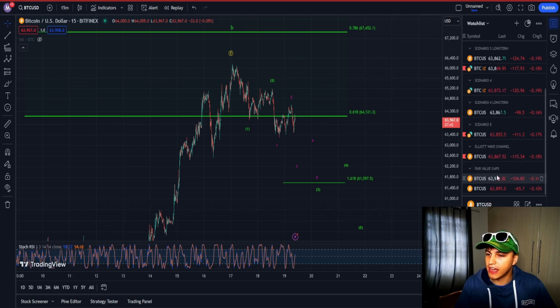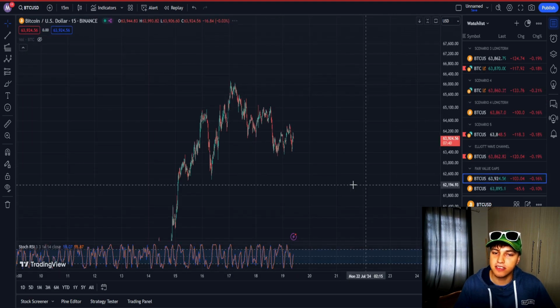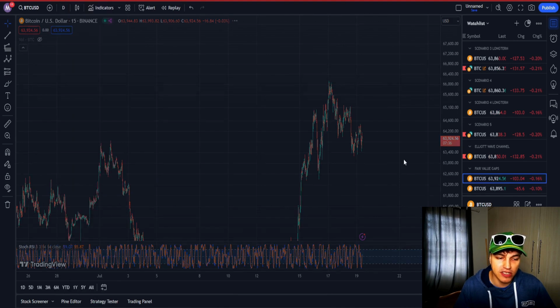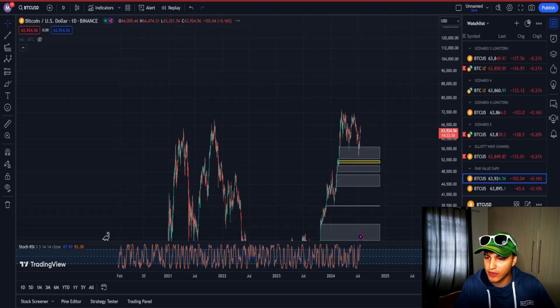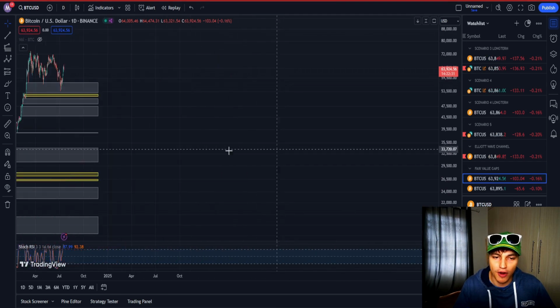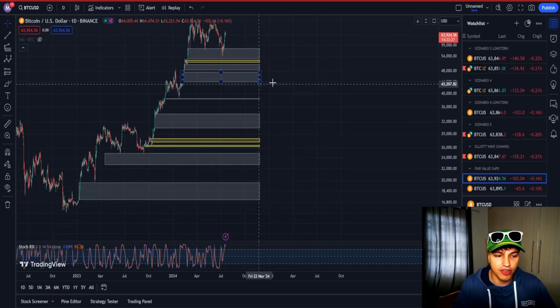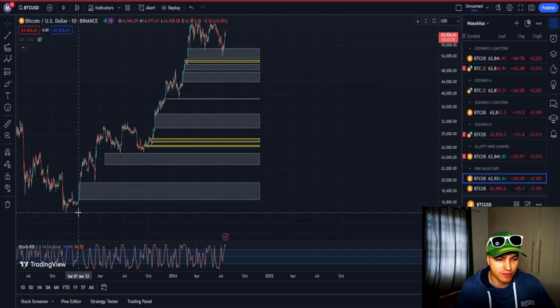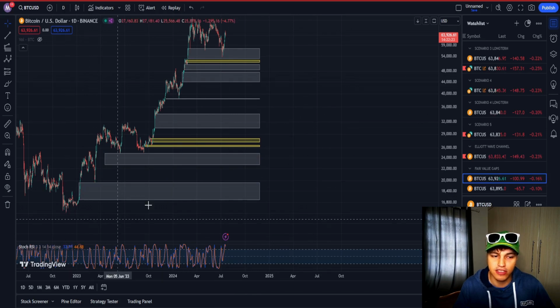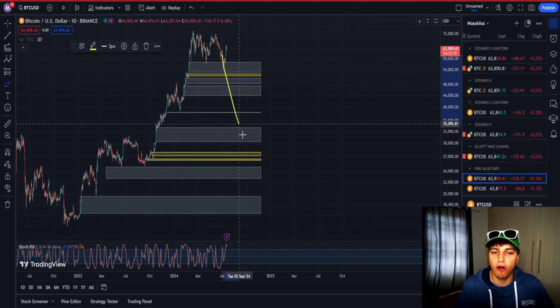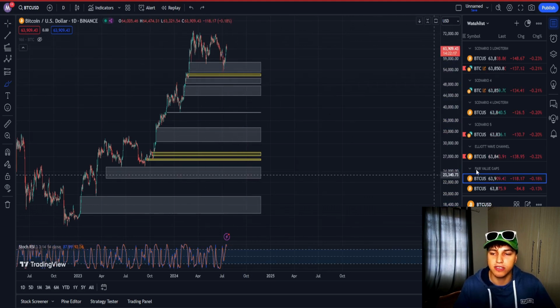But on the fair value gap side of things, we have the weekly fair value gaps still not filled out, as you can see on the chart. These fair value gaps are all over this week in this move up, and from the low of $15,000. I doubt we will get back down here, but these are the fair value gaps that are often filled out throughout time.